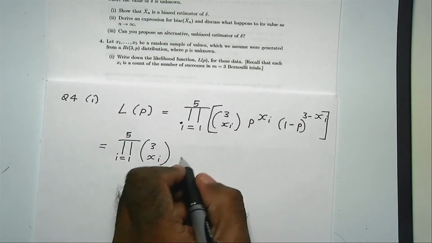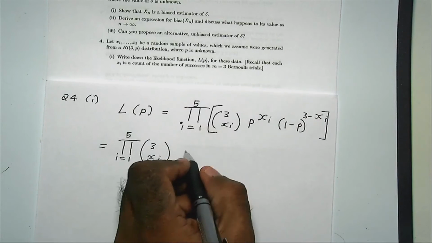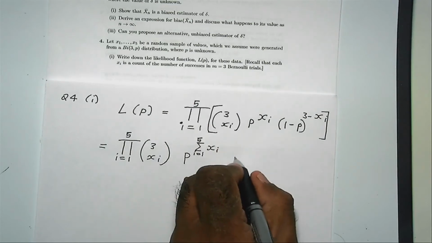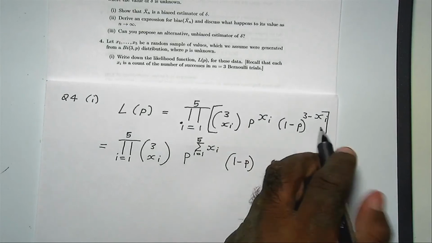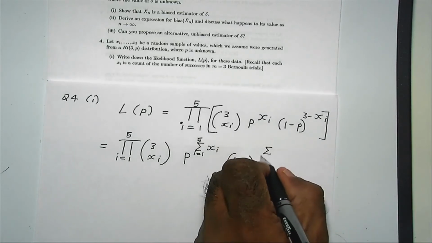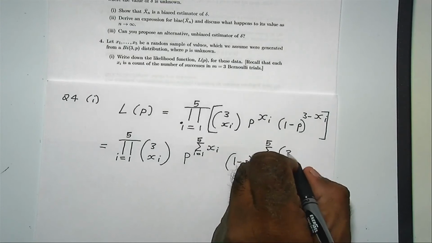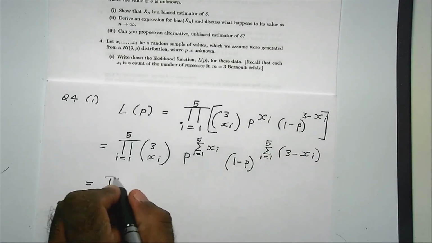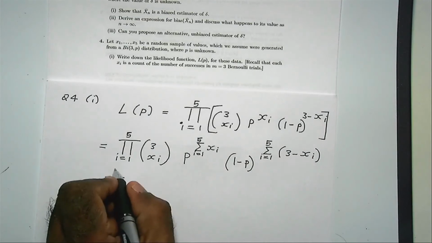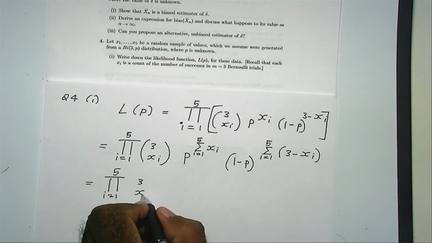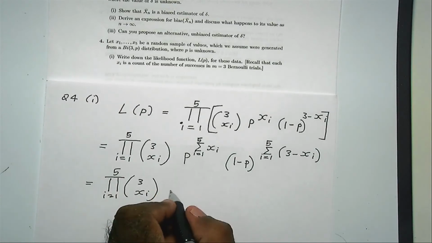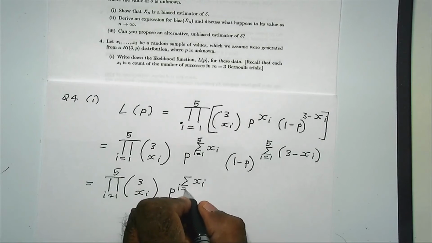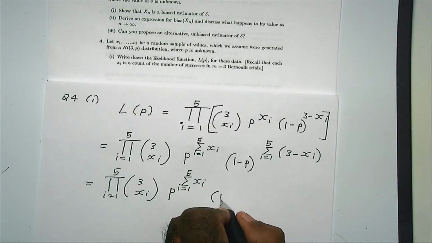Now the product of this can be written as p to the power of the sum of xi, and the product of this can be written as 1 minus p to the power of the sum of 3 minus xi.